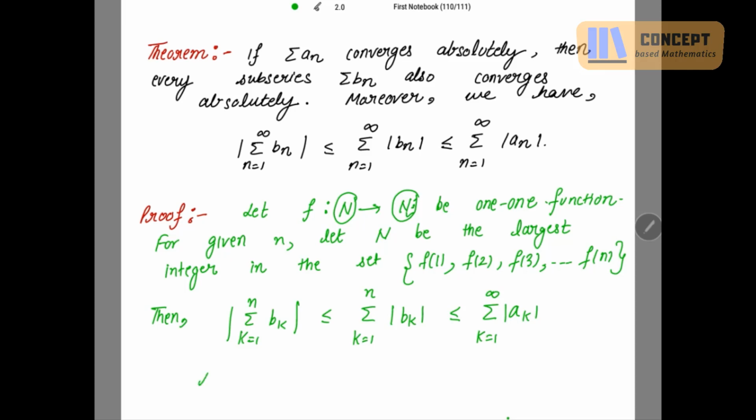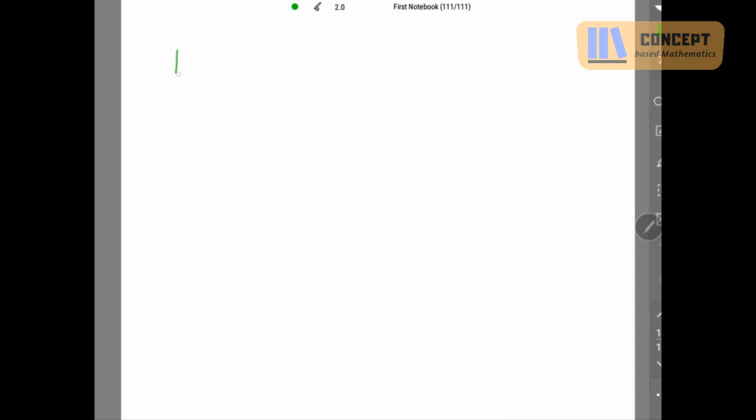So letting n tends to infinity, summation bk, now this k will not be going from 1 to n but from 1 to infinity, is less than or equal to summation k going from 1 to infinity mod of bk. And this is as it is, because there is no n. Right?